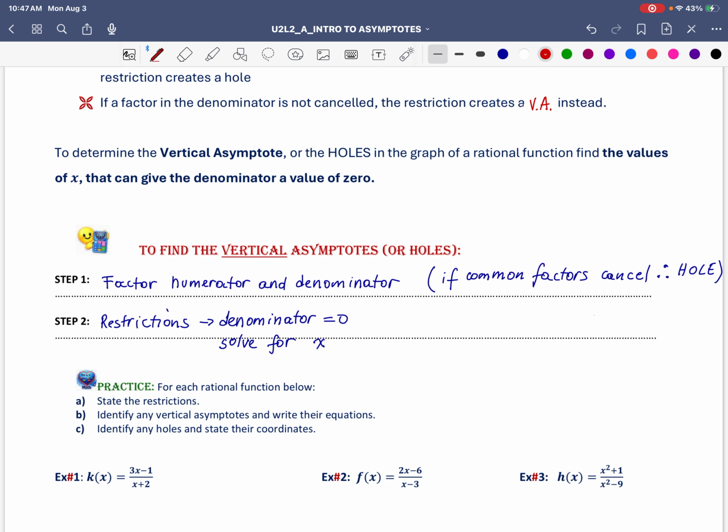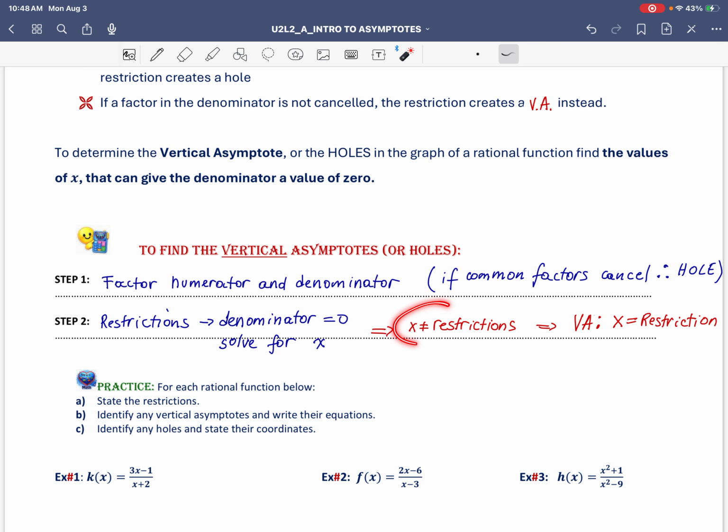Now, x different than whatever the restricted value is will help us determine the vertical asymptote, which we write in the form x equals whatever the restriction value is. Okay, now, if the function happens to have a hole at this restriction, then you will have to evaluate y at the restriction.